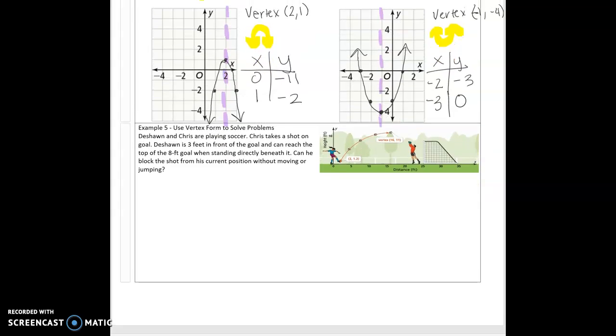Okay, last one. We are going to do this example where these two people are playing soccer and they want to know if this goalkeeper here, standing exactly where he is, is going to be able to stop it. So step 1 is you're going to write the function.